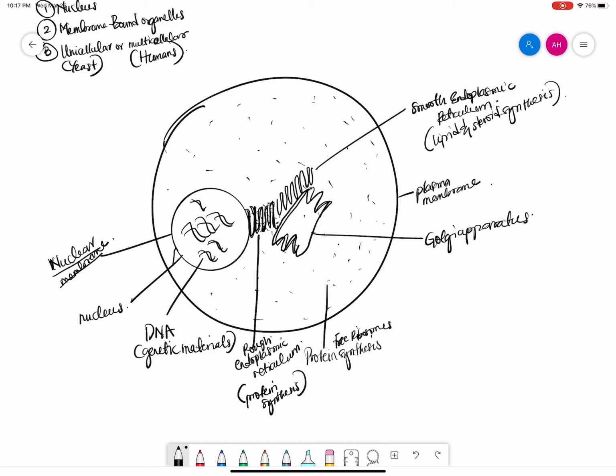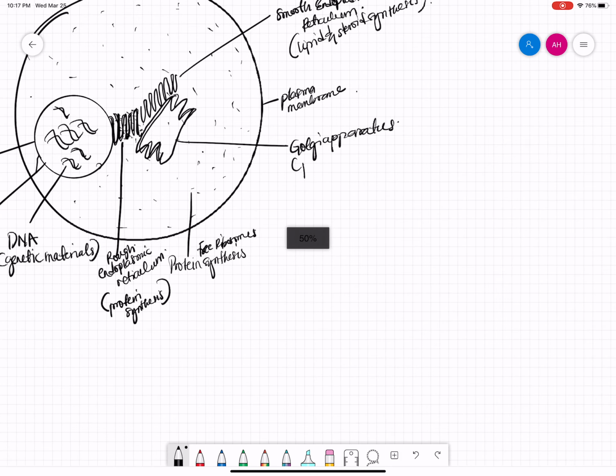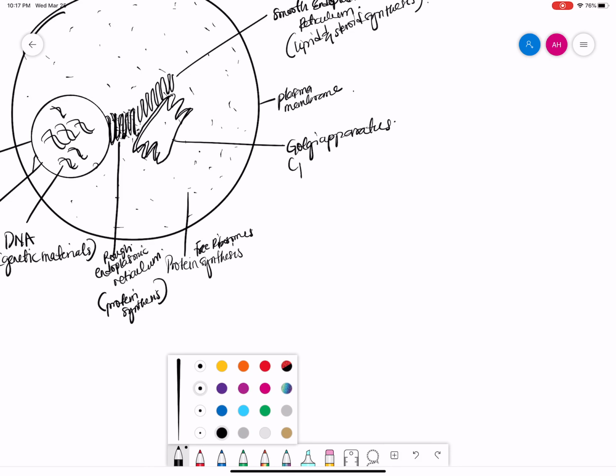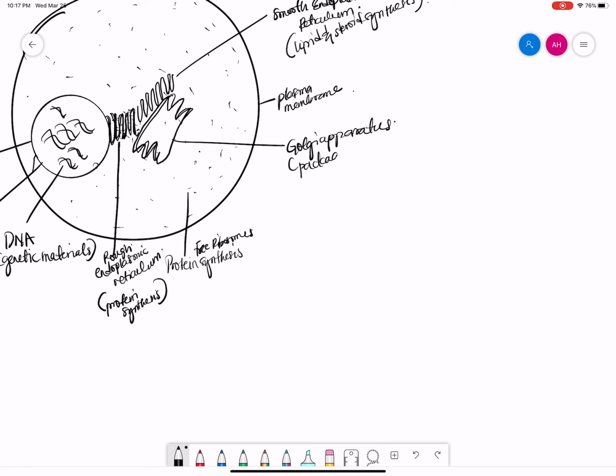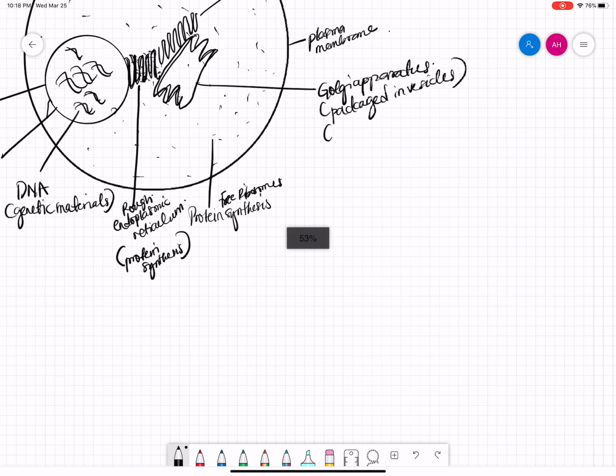When proteins have been synthesized, here in the Golgi apparatus, they are packaged in vesicles to be exported. Okay? And the Golgi is also responsible for what we call post-translational modification.